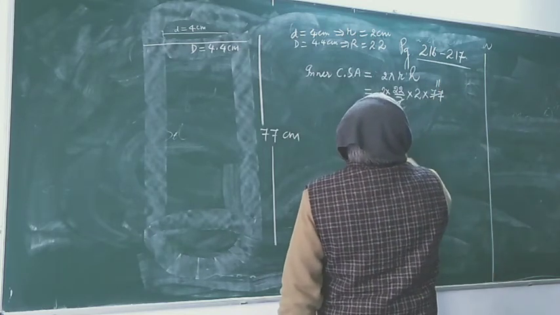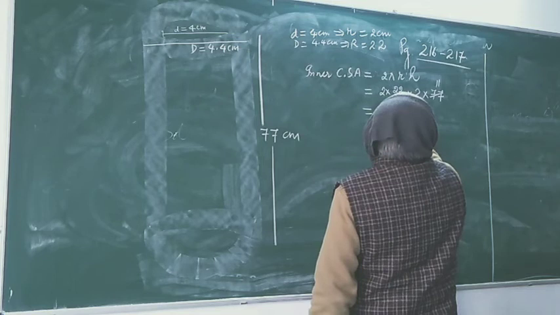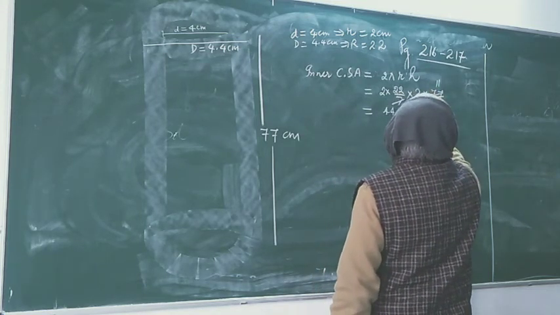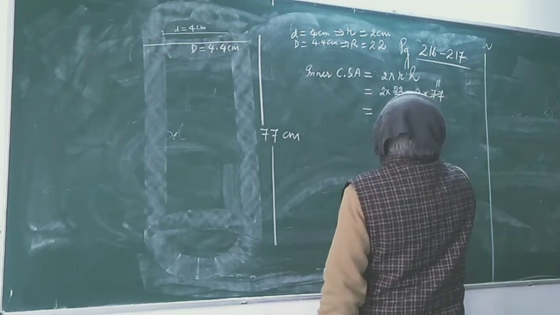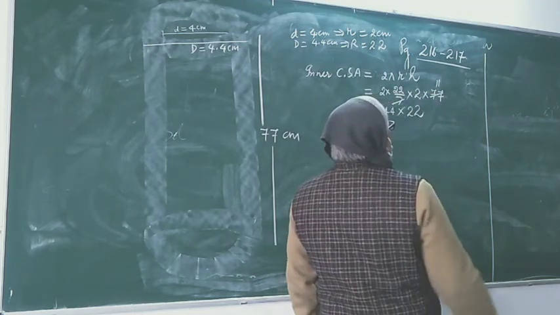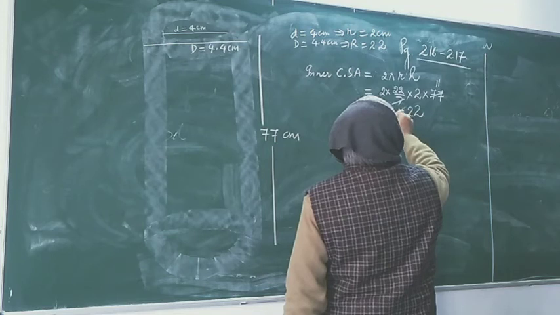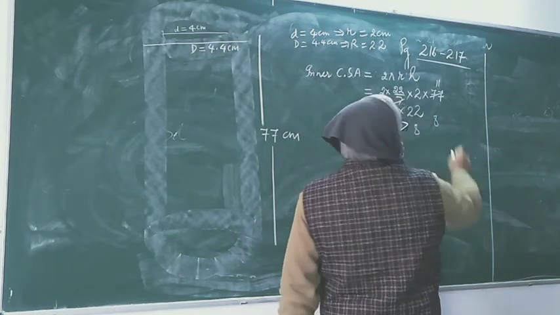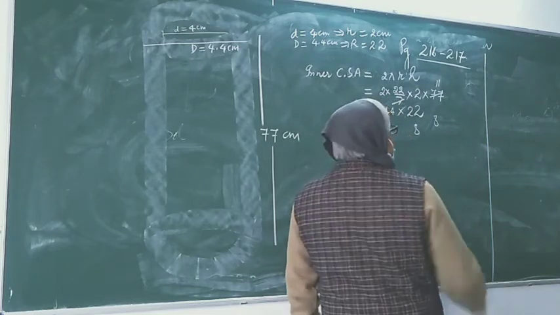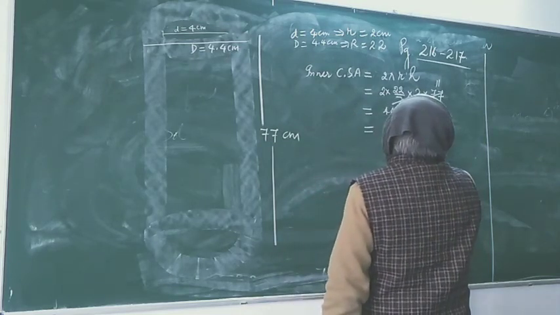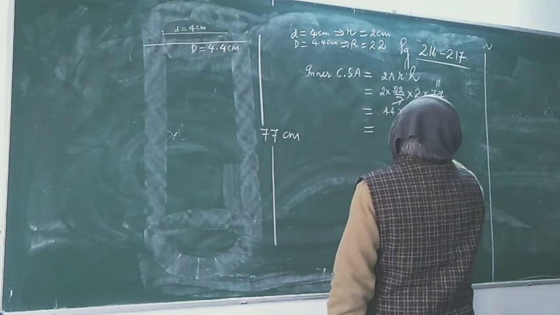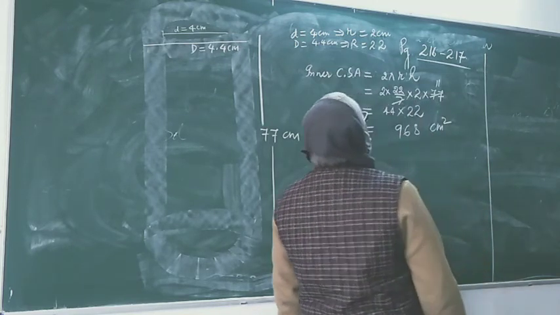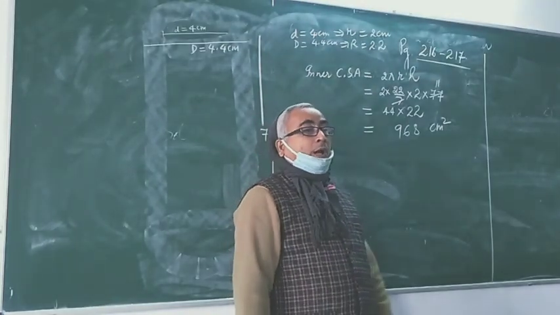Now it is 44 multiplied by 11 to the 22. Now multiply this one. 22 fours are 88, carry 8, 88 plus 8 is 96. So 968 square centimeter. This one is the inner curved surface area.